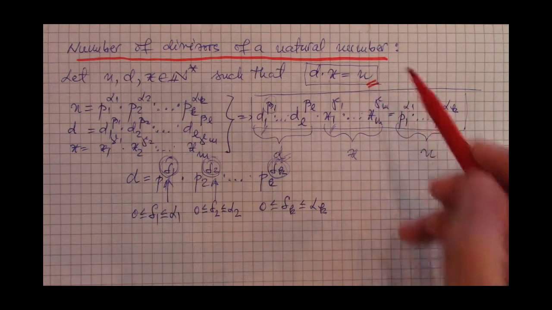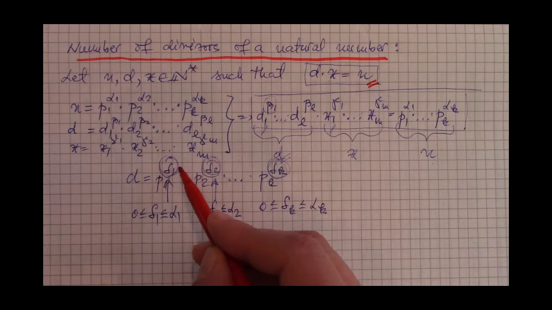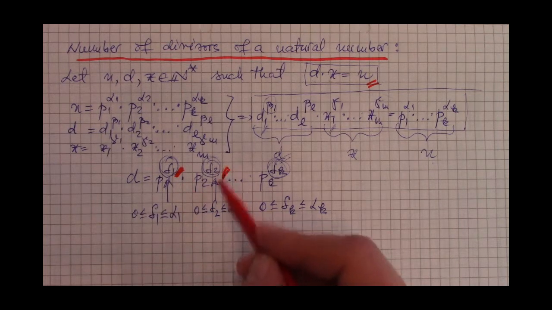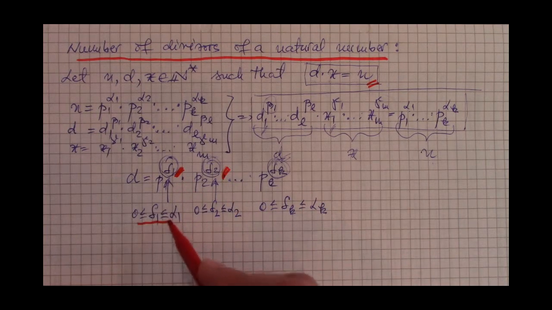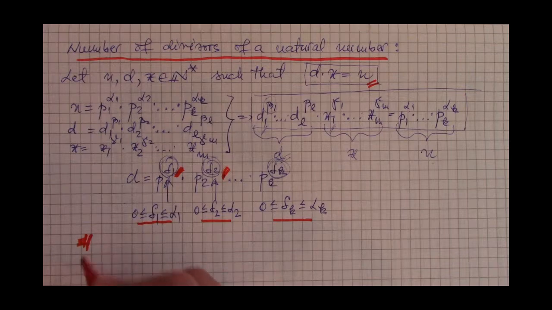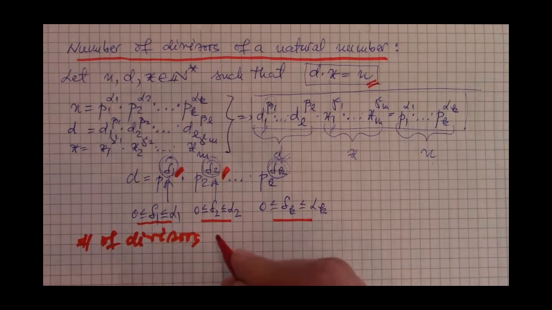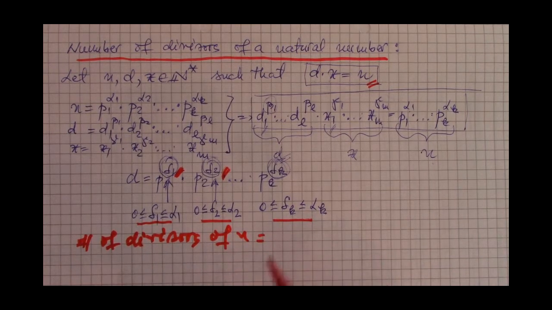Now we can notice that if we want various divisors of our number n, all we have to do is pick various deltas subject to these restrictions. So we can conclude that the number of divisors of n is obtained like so. Delta 1 is between 0 and alpha 1, including 0 and including alpha 1.